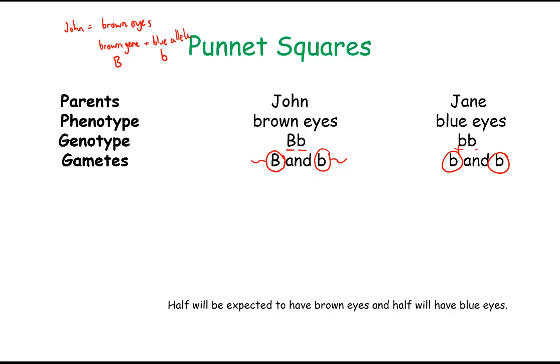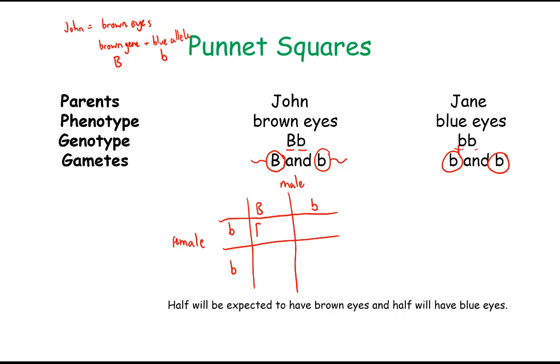You take that information and we put it into a little Punnett square. So we put the female gametes here, which are Jane's. We put the male gametes here, and then we make a little grid and we combine them. So each of these boxes represents one child or offspring.